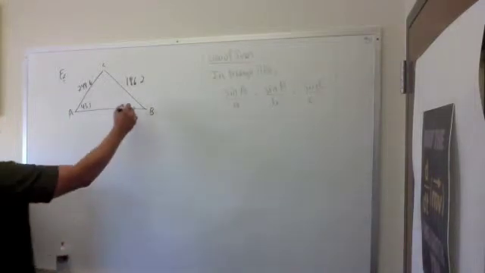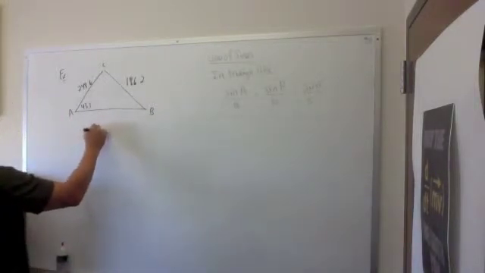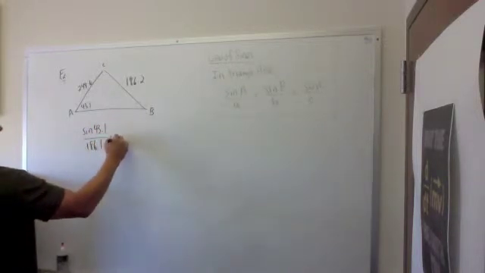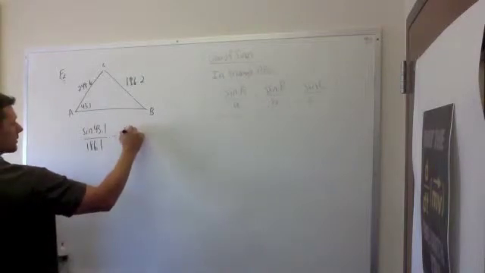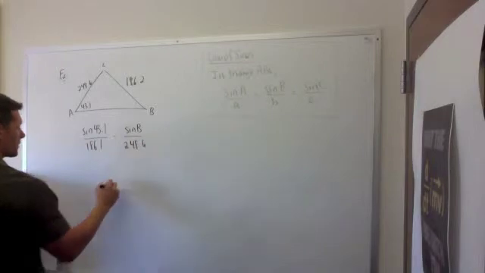What I can do is figure out the measure of angle B right here, because I have sine of 43.1 divided by 186.1 equals sine of B divided by 248.6.